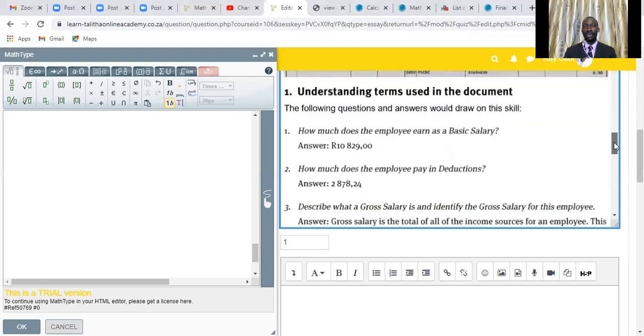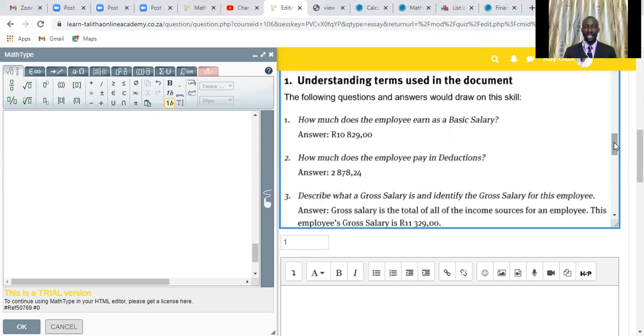Now, in layman's language, your basic salary is the amount of money you were told that you would earn without any allowance, without any commission, which possibly will be based on how hardworking you are. Any amount of money which comes later is not part of that. Your basic salary is like your naked salary.